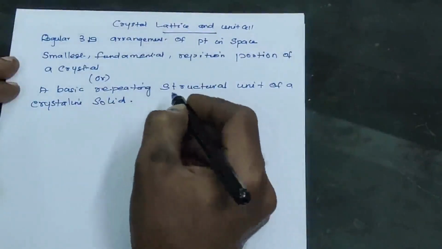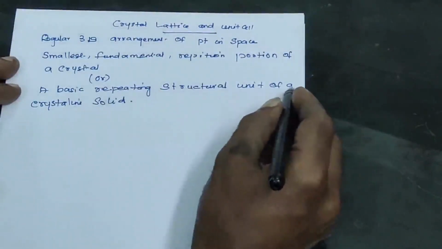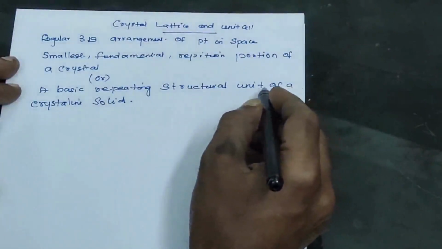That is the unit cell: the basic repeating structural unit of a crystalline solid.